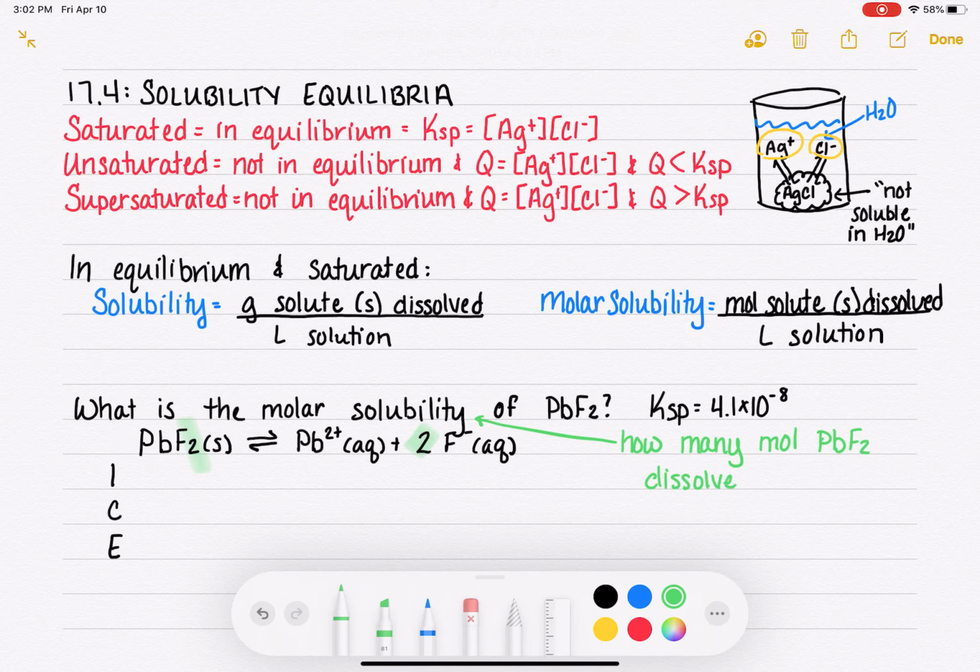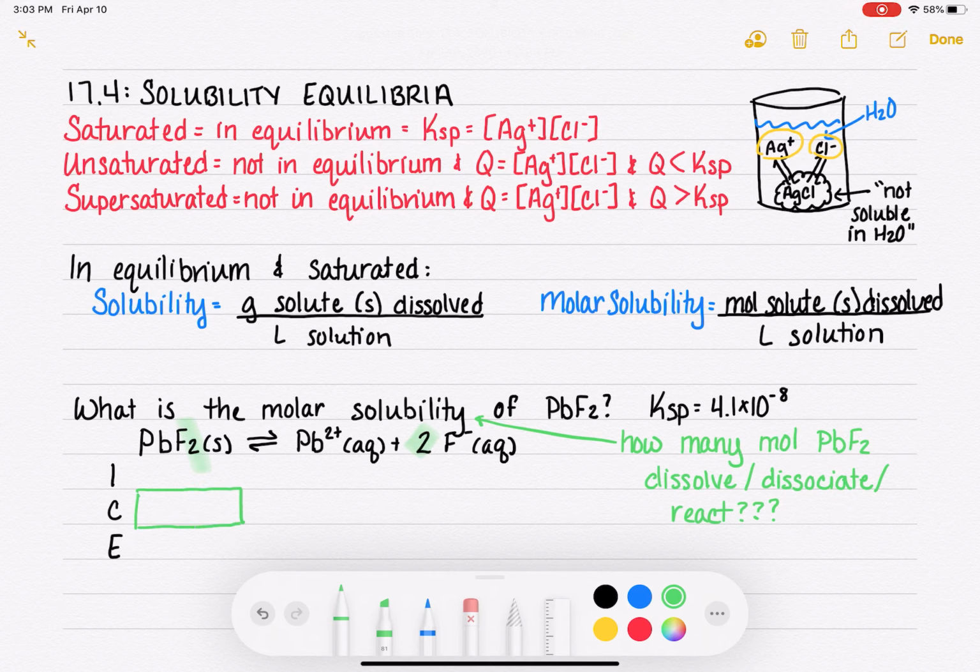Or you could also think about it as dissociate, because it does split apart when it dissolves. Or you could also think about it as react. Any one of those questions is basically asking the same thing, and the answer to that question is going to be found right here on the ICE table.